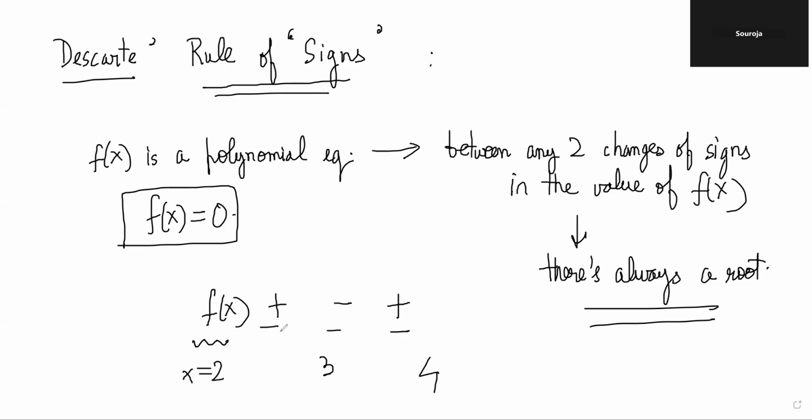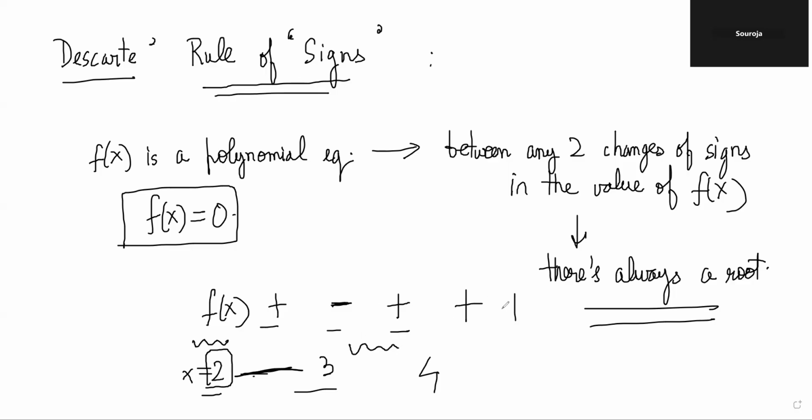If it is changing its sign while it goes from 2 to 3, then there is a root between 2 and 3, obviously, because the graph has to go from positive to negative, so it will cut the x-axis, right? Similarly, if it is changing its sign from negative to positive, there will be a root between them.